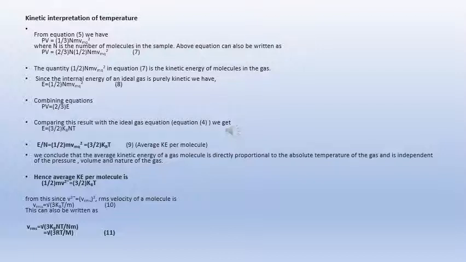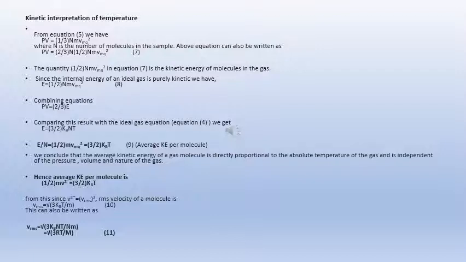Now, multiplying the above equation by 2 and also dividing it by 2, we get the 7th equation. Now, in this, half m n V square is the kinetic energy of the molecules in the gas.